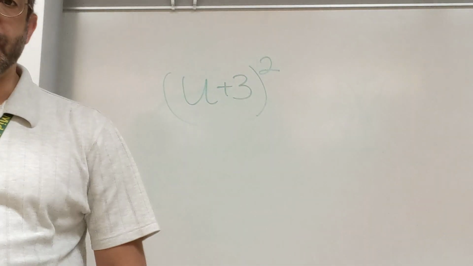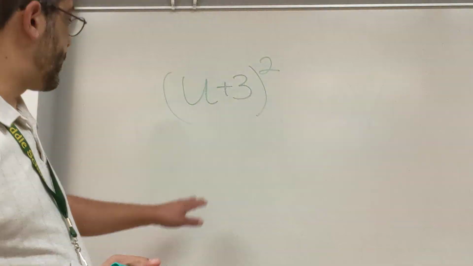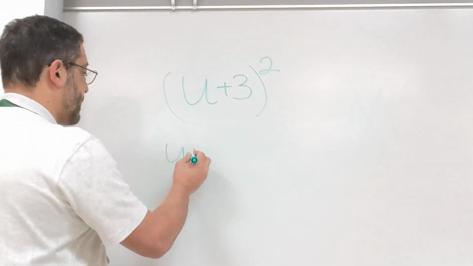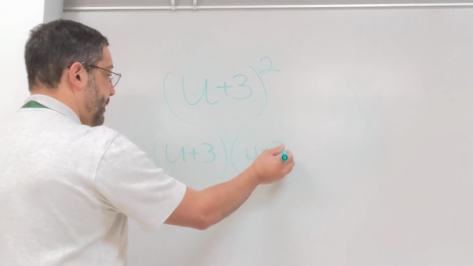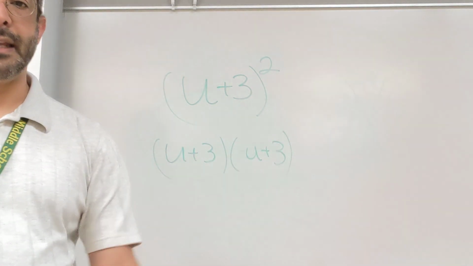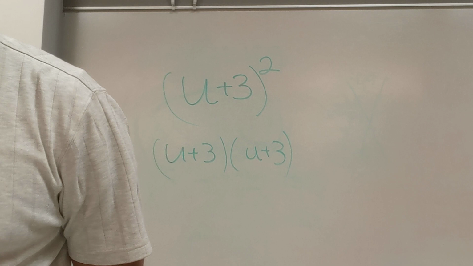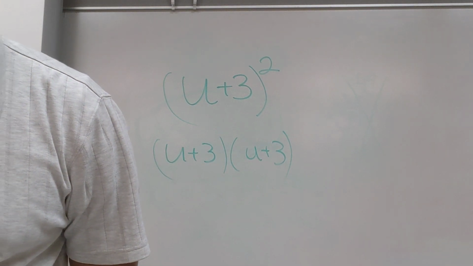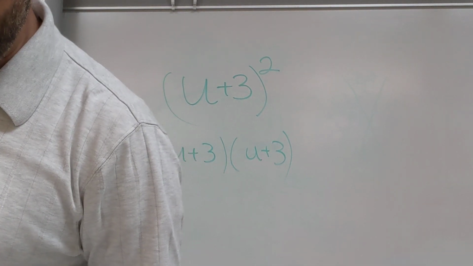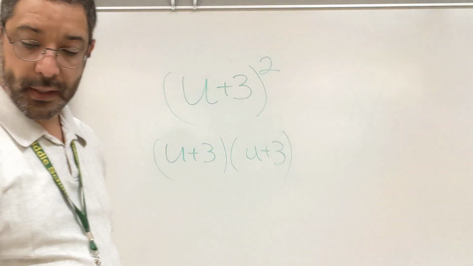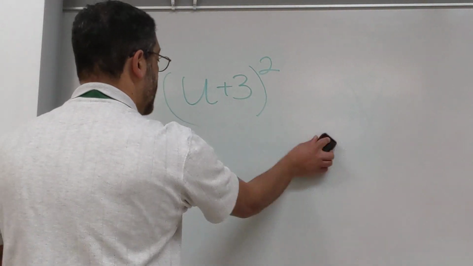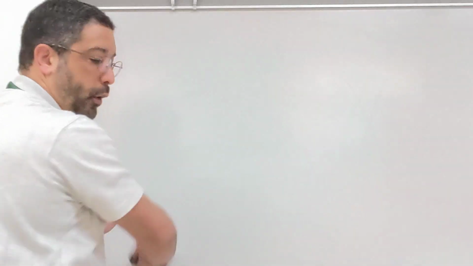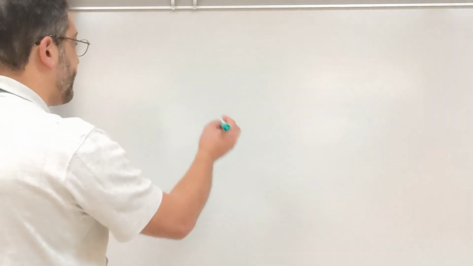All right, so you're going to do just like I showed you before, is you would rewrite this as u plus 3 times u plus 3, and you would go ahead and multiply it out. Then you're going to get to the ones that say factor. So you've got something like t squared plus 4t plus 4.